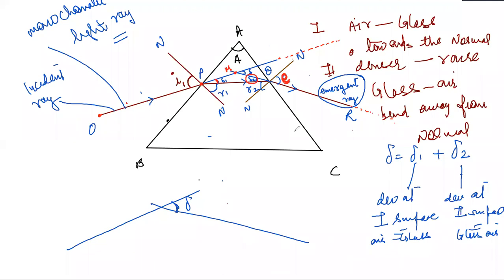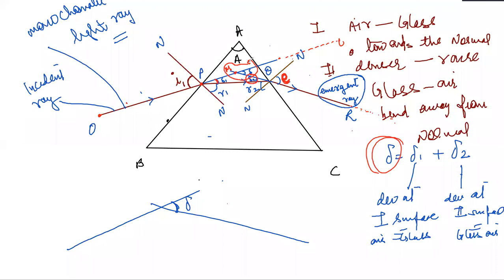The prism has bent the light from its horizontal path by a total angle of delta. So delta is the total angle of deviation, equal to the sum of the deviations at the first and the second surface respectively. Thus, the prism has produced a deviation by angle LMQ. This angle LMQ is the total angle of deviation in the prism.